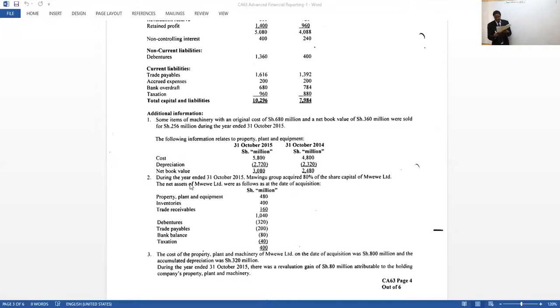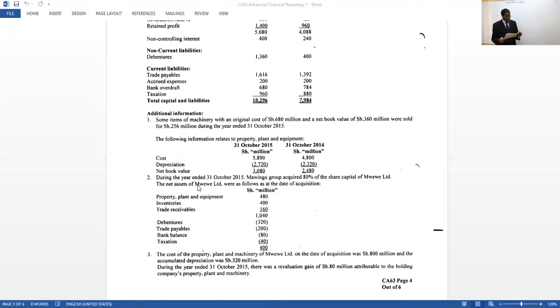During the year ended 31st October 2015, there was a revaluation gain of 80 million attributable to the holding company's property, plant, and equipment. Then it goes on to say, number four, other investments were sold for 240 million during the year.